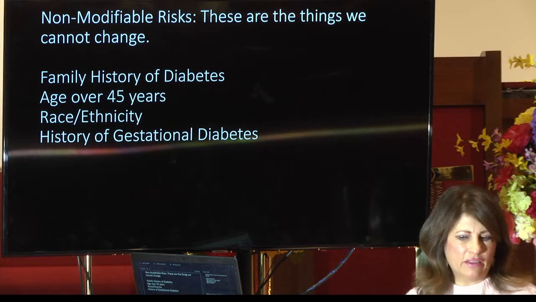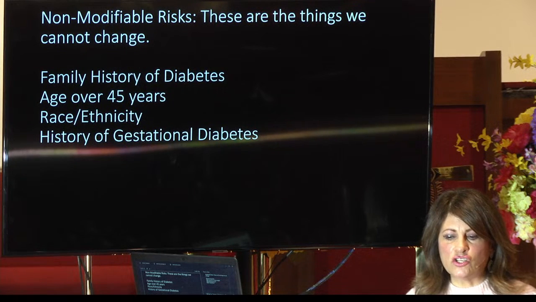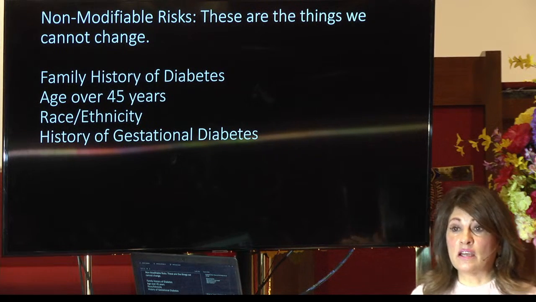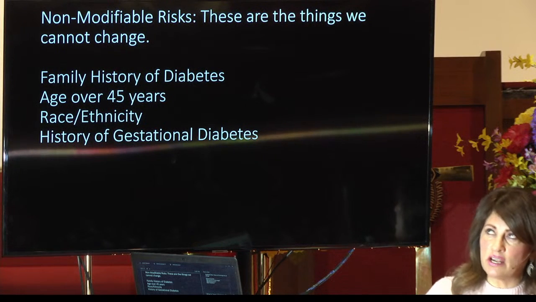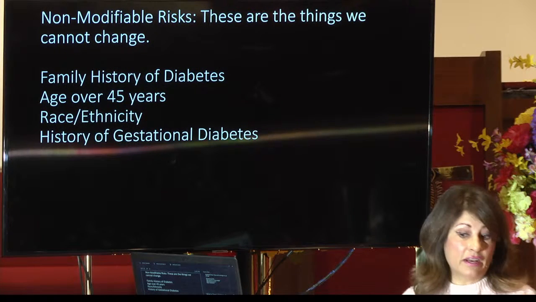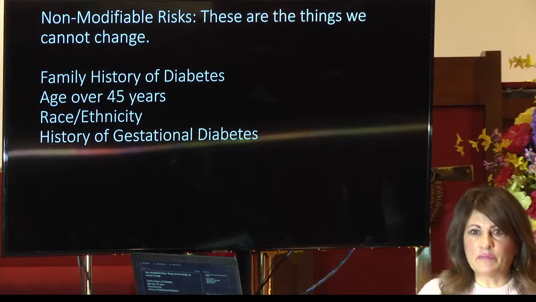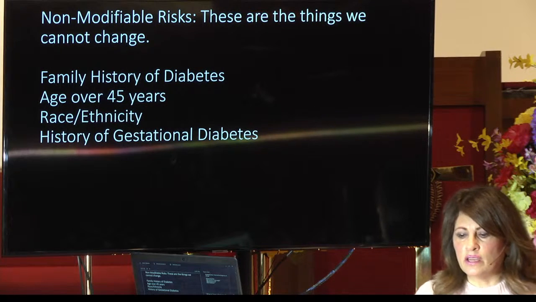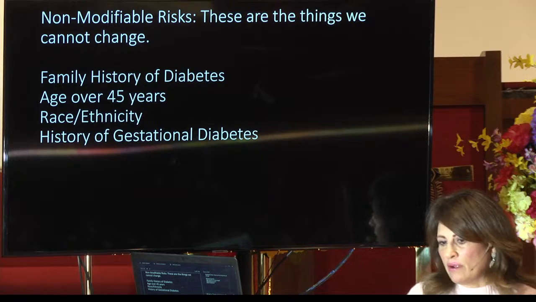We can't change our race or ethnicity. And we can't change a history of gestational diabetes. By the way, I had gestational diabetes for 2 of my children, and then I didn't have it for the younger children. But that tells us that something could happen. It could take a change. So we can't really change those.